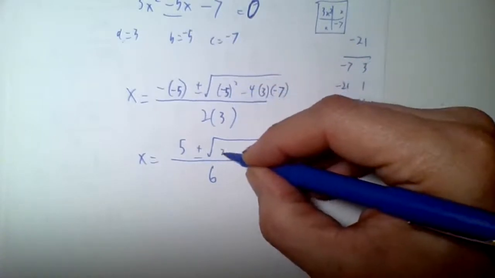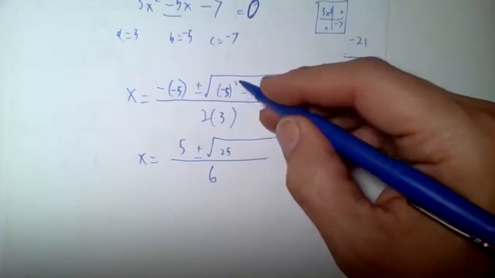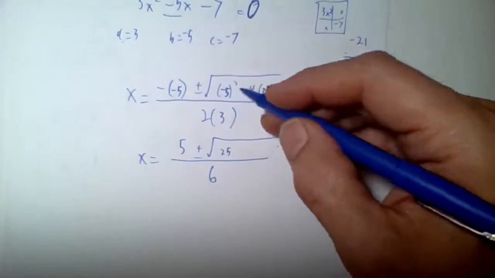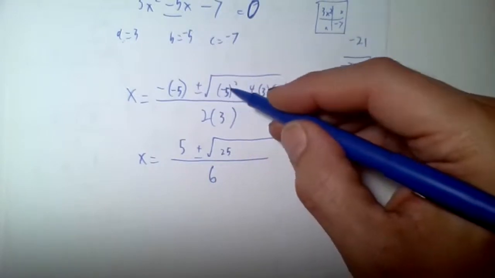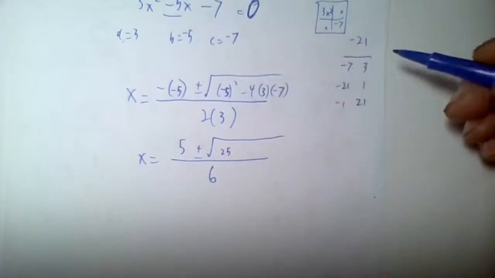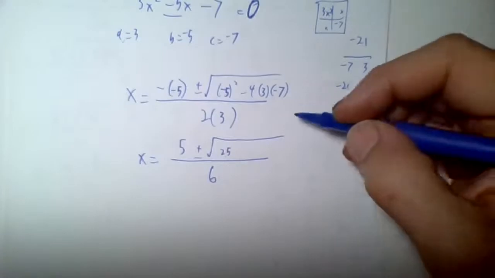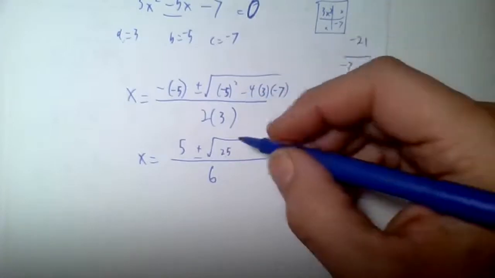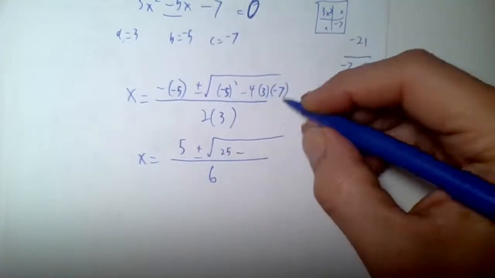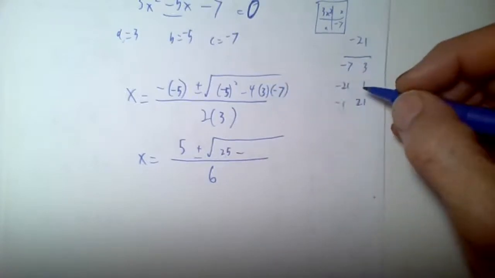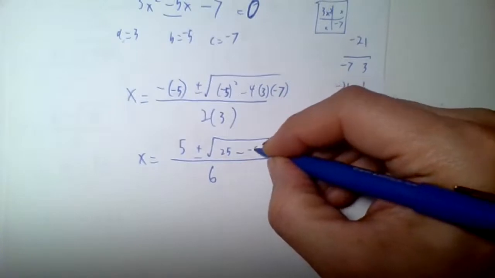Negative 5 squared is 25. You're always squaring something here. It never ends up negative when you square things. The container is important there, but negative 5 times negative 5 is 25. B squared always ends up positive. This part you might have different signs over here. This time I got 4 times 3 times negative 7, which is negative 84.